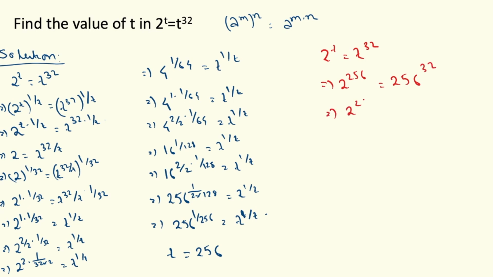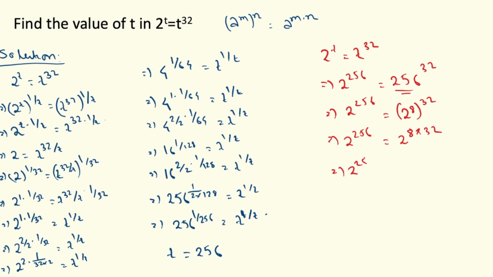Now this 256 on the right hand side can be written as (2 to the power 8) whole to the power 32, which can be written as 2 to the power 8 into 32.